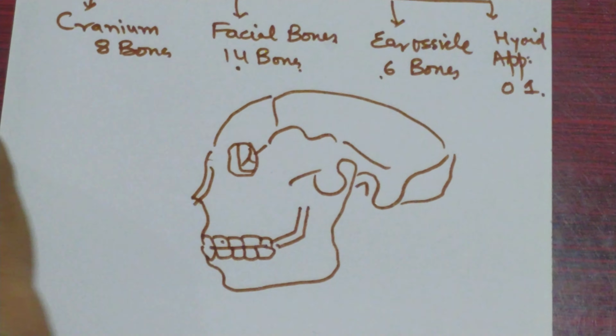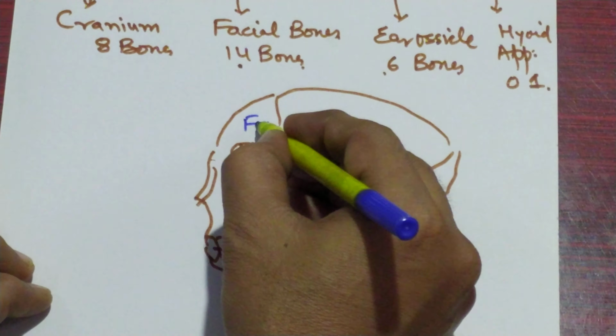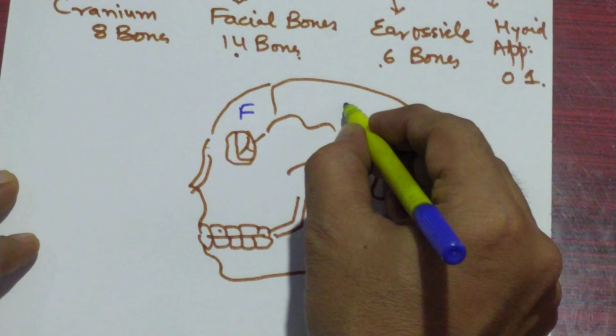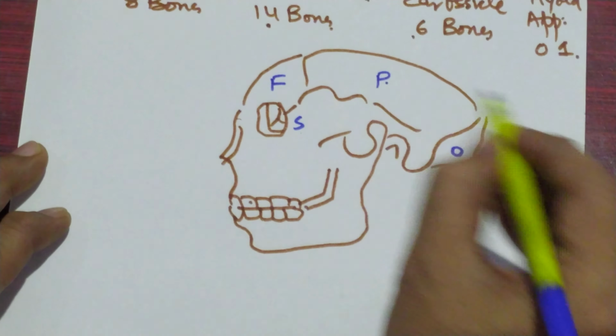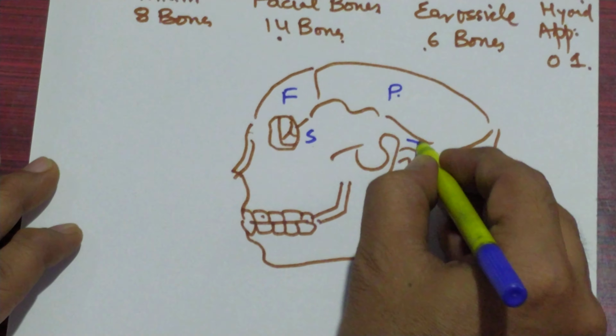This is the frontal bone, this is the parietal bone, this is the occipital bone, this is the sphenoid bone, this is the temporal bone.